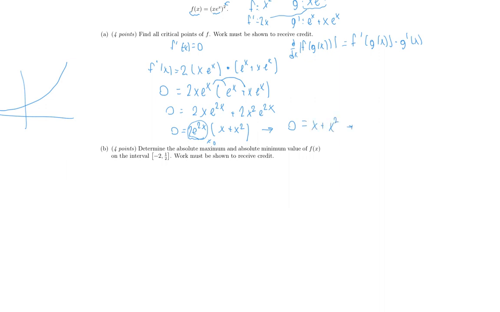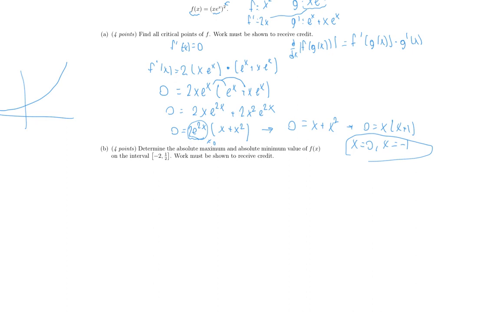In which case, I can factor out an x. So I got that it's when x equals 0 or x equals -1. And I could get rid of my e to the x because it can't equal 0, so I can divide both sides by it. So my critical points are x equals 0 and x equals -1.